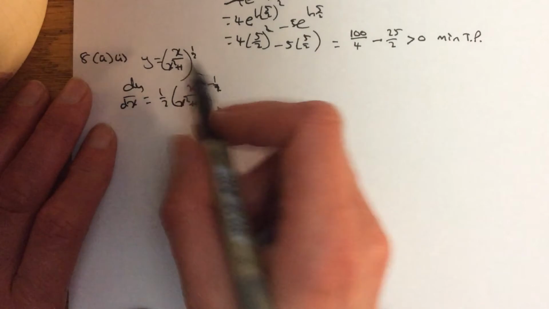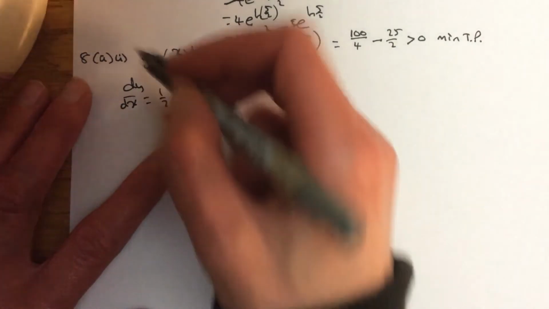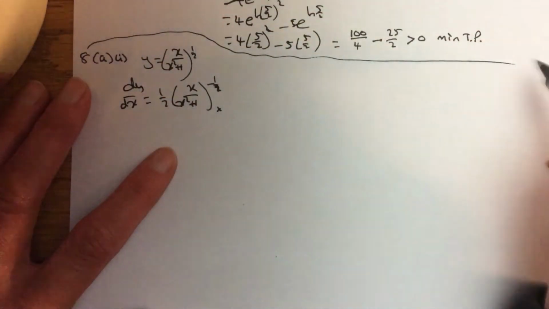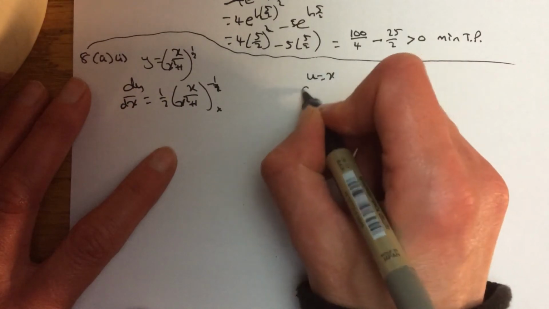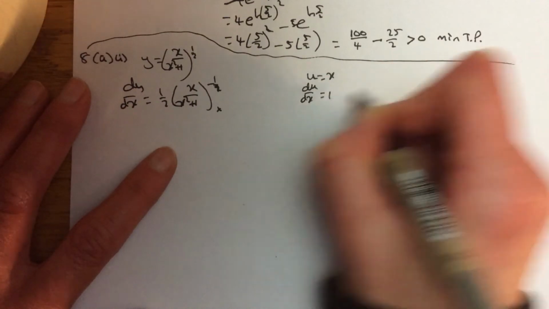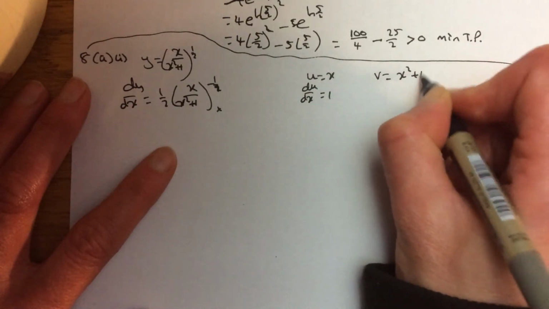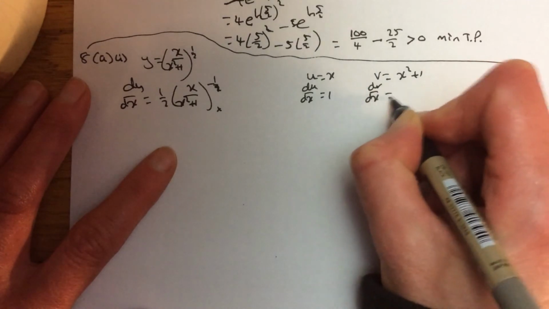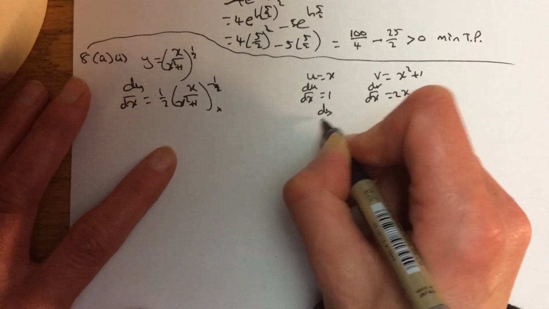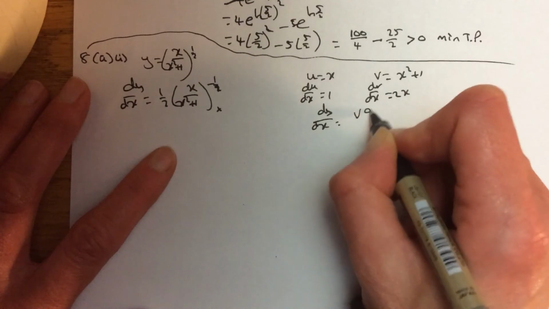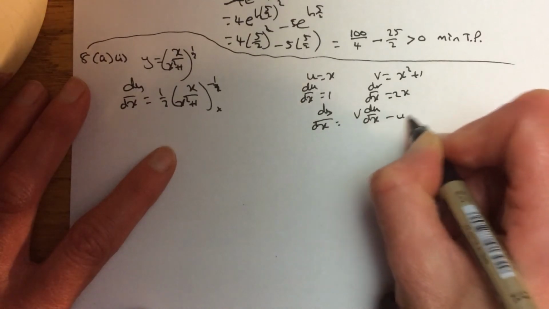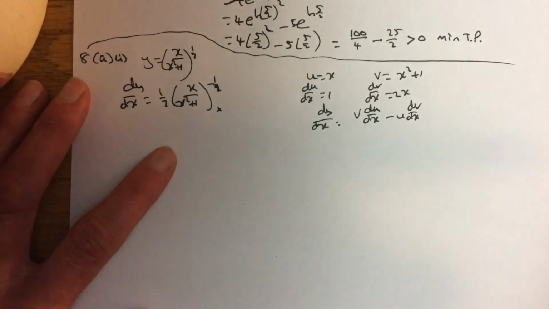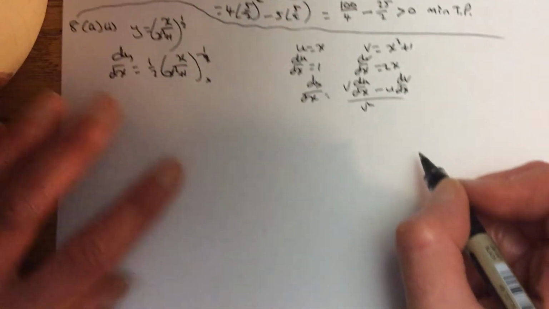The derivative of that bracket is going to be the quotient rule. So u is the top line, du by dx is 1. v is the bottom line, dv by dx is 2x. So dy by dx is v du by dx minus u dv by dx all over v squared.